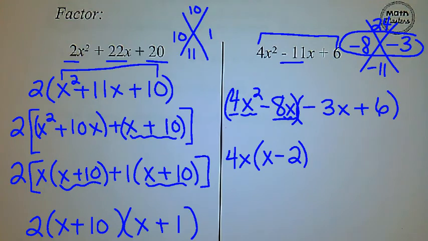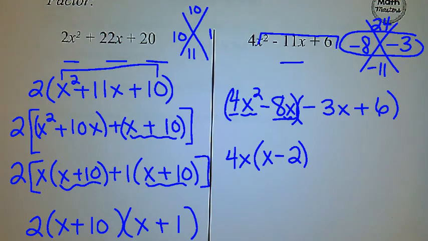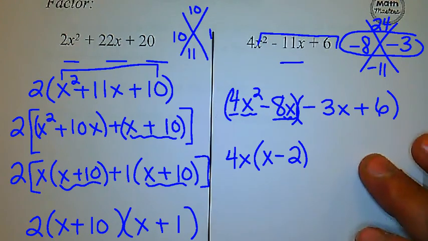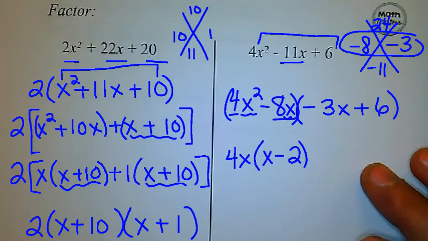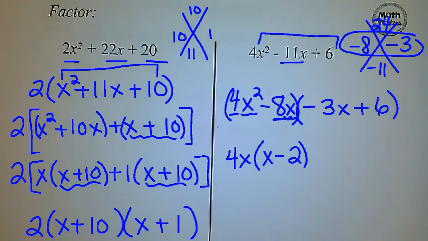Then over here, what I want you to notice, I wanted to give you an example of a negative. So if you have a negative out front, I'm going to say pull out a negative, actually. So if I take out a negative 3, I'm left with x minus 2, which is what I'm having here.